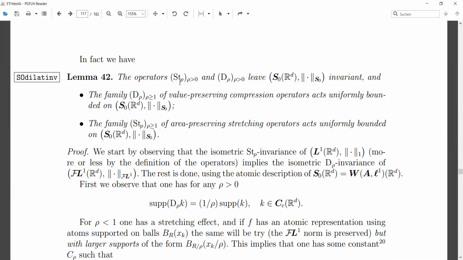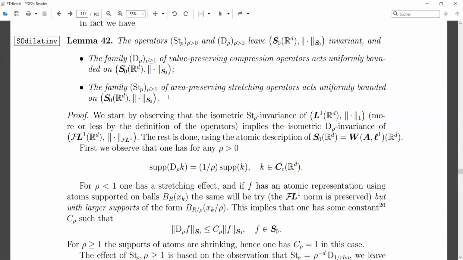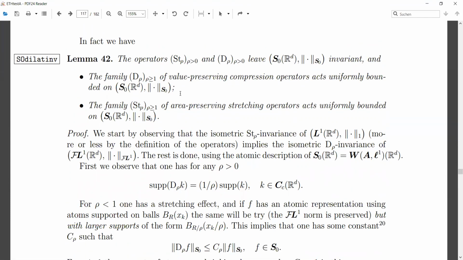Okay, so the claim is that our space S0 is good with respect to these operators. Any either stretching or dilation operator leaves the space invariant. Now, this means that we can apply these operators, and of course, we have to prove it. And the interesting part is, if we do only a compression in the sense of value preserving, so we take the graph and make it more and more narrow.